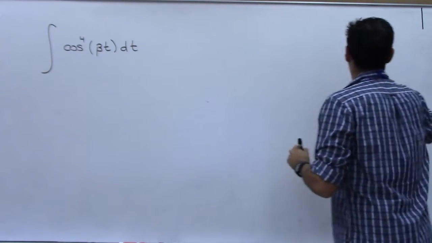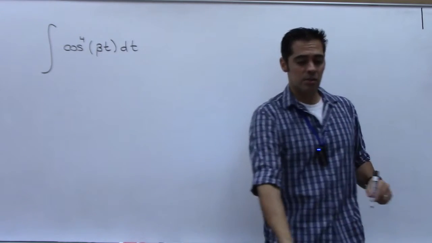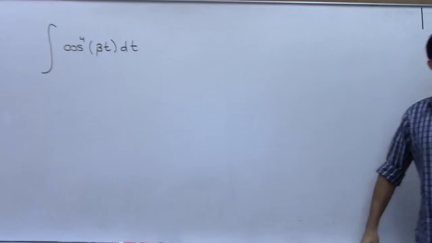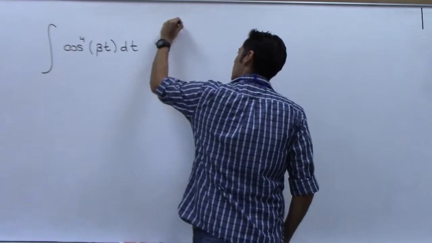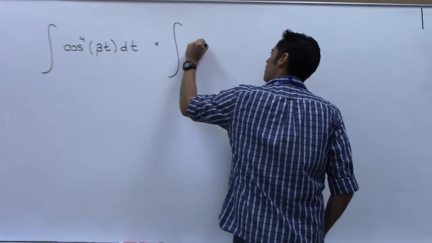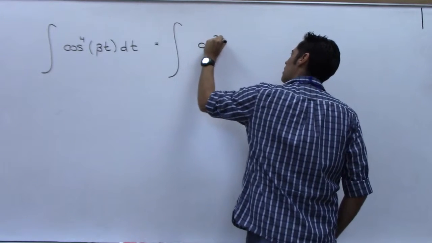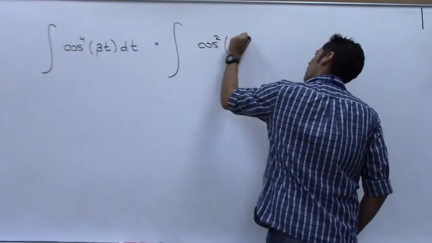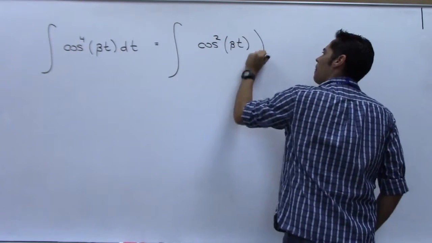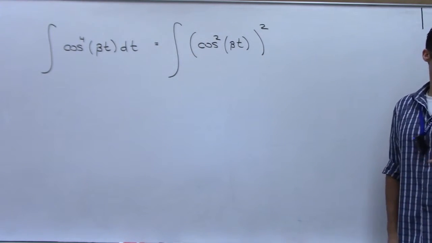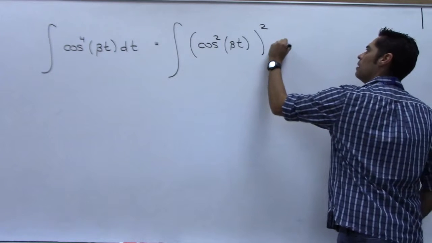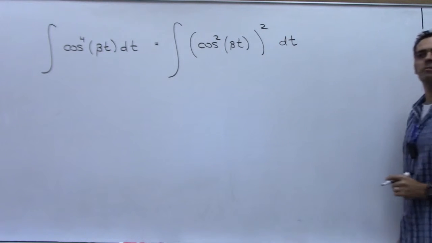Yeah, you can make this 2 cosine squareds and then just work within those. Yeah, that's exactly what we're going to do. But instead of doing 2 separate ones, is it all right if I write it like this, squared? I mean, we're going to get to the same place. Is that okay?